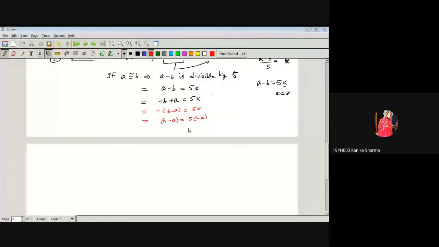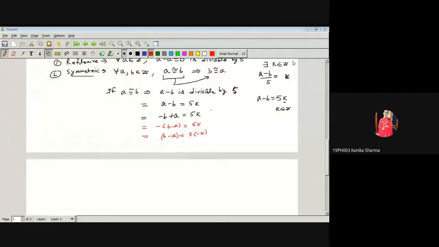Yes sir. Why? Because 5k is a multiple of 5. That means, is it a multiple of 5? Does b minus a look like a multiple of 5? Sir, it will be negative.